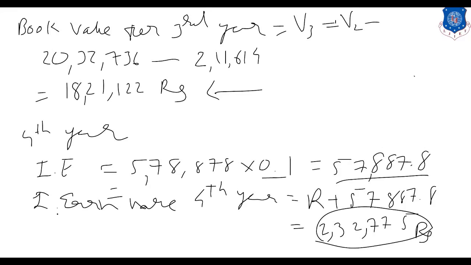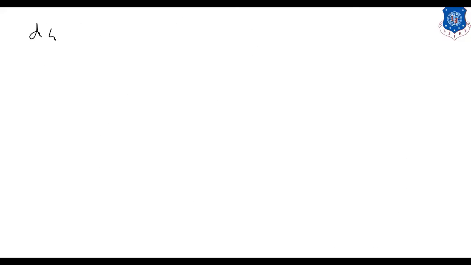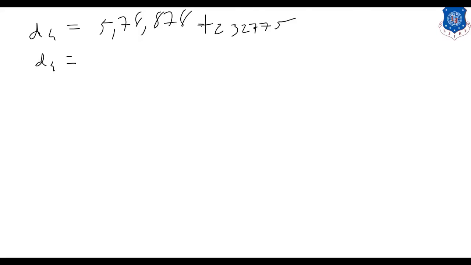So let's calculate the depreciation value of 4 years, represented by D4, which is given by 5,78,878 plus the depreciation value 2,32,775. So D4 becomes 8,11,658 rupees.